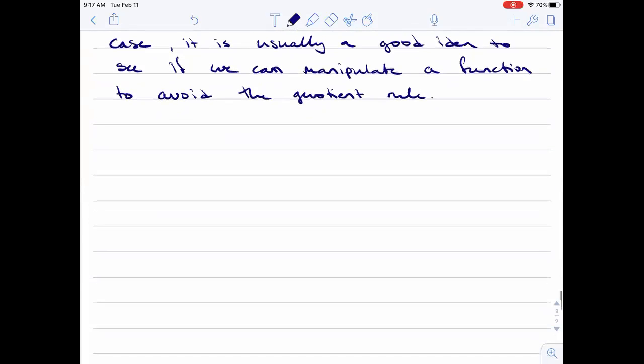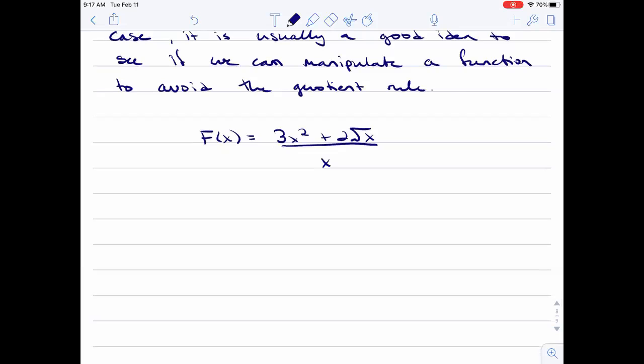For example, if I have something like f of x is 3x squared plus 2 root x over x, I do have a quotient here. But maybe, just maybe, I can bring that x in the denominator up to the numerator, and then I've got a nice polynomial-esque thing.